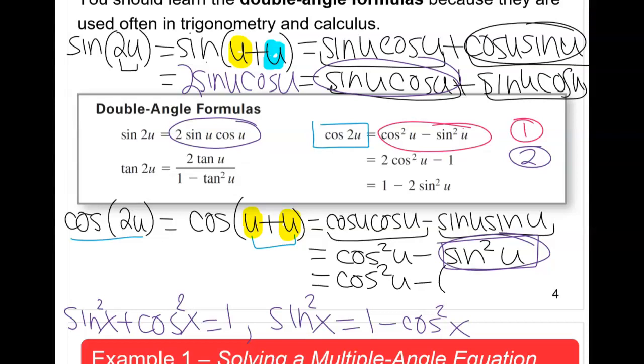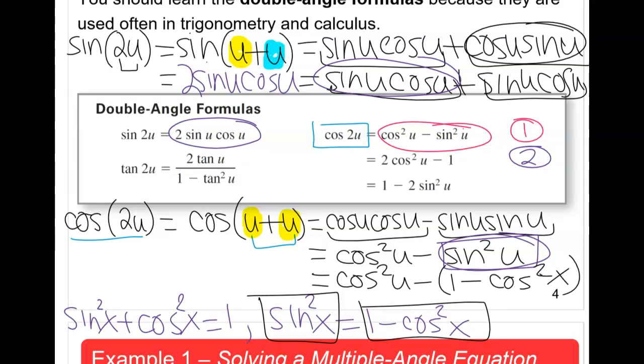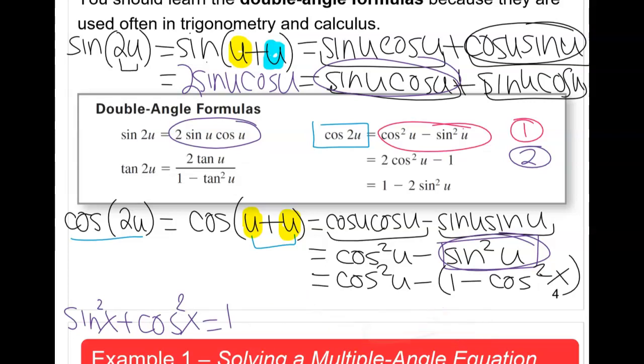So instead of sine square u, I'm going to substitute 1 minus cosine square x. And what I need to do here is remove parentheses.